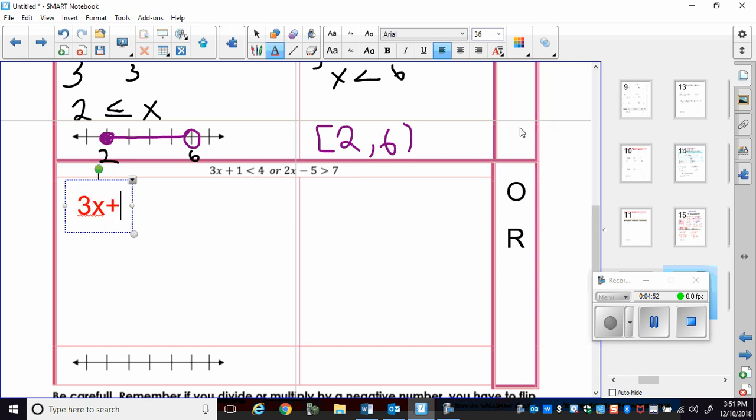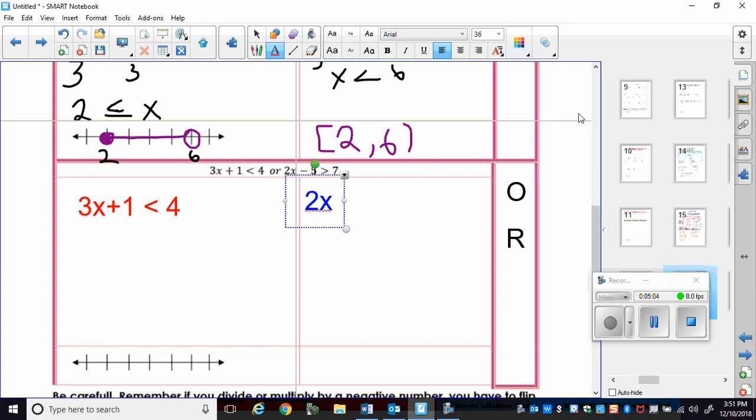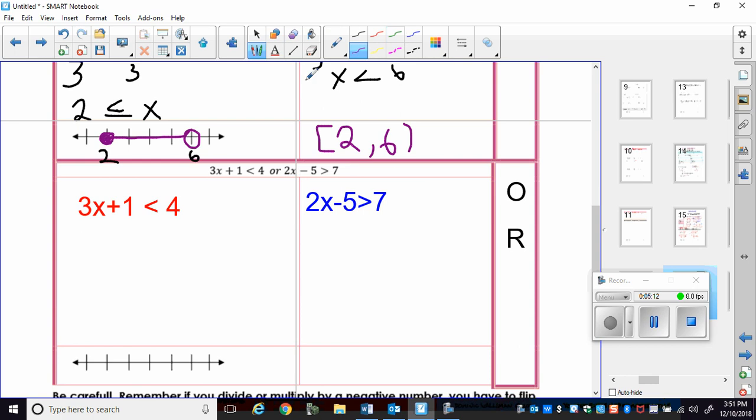So 3x plus 1 less than 4, right? And over here, I have the second portion, which is 2x minus 5 is greater than 7. Okay? So I can go through and do the work here.